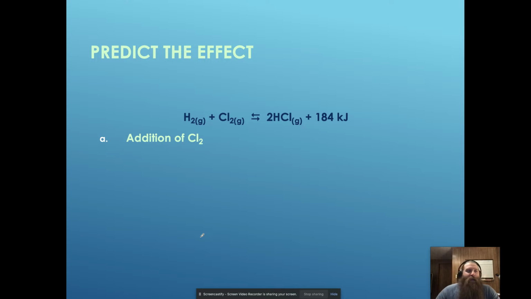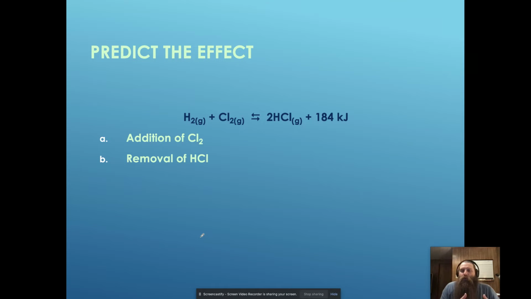Imagine we added Cl2. Which way would equilibrium shift? So the addition of Cl2 is an increase to the concentration of reactants, right? So if I put more reactant in, in order to adjust for that, we're going to need to shift to the right because we need to make more products in order to balance out our equation. So we would probably say a shift to the right would fulfill Le Chatelier's principle if you added Cl2.